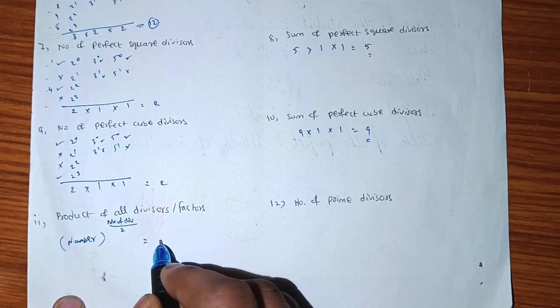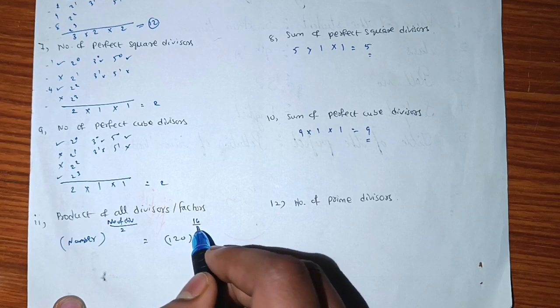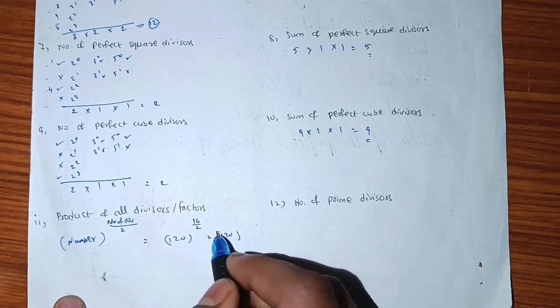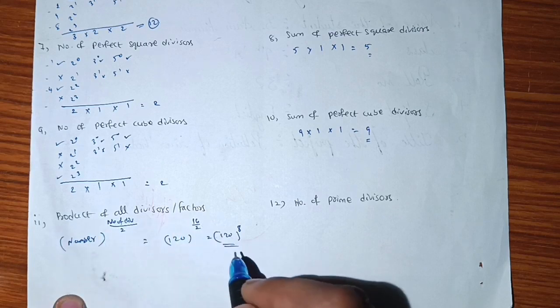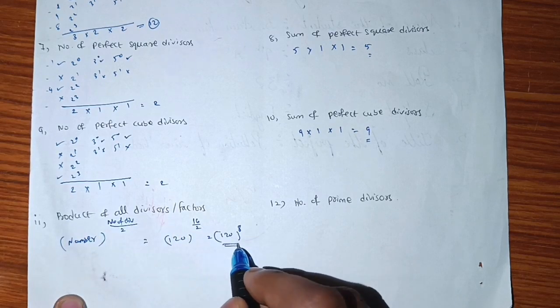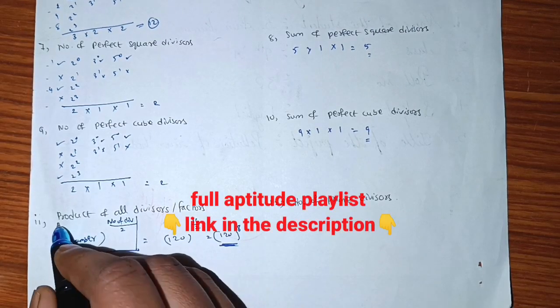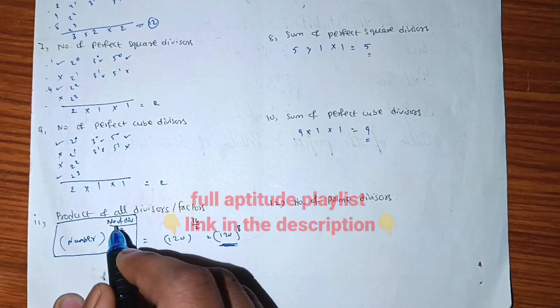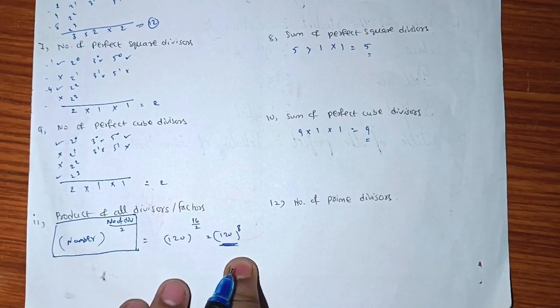So here our number is 120, the number of divisors is 16 by 2, which is 8, so 120 power 8 is the product of all divisors or factors. So this is the product, you need to remember. Apply this formula, the number to the power of the number of divisors by 2. If you do so, you will get the final answer.